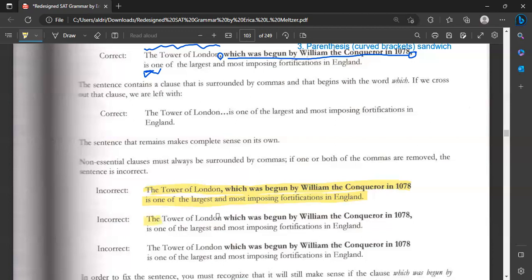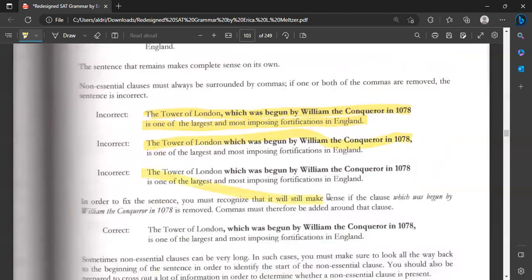It begins well, and then it has the comma right there, but it doesn't have it at the beginning between London and 1078. And for the last one, it's just a run-on, right? For the last one, there's no comma denoting the non-essential clause. So it's just like a run-on sentence.